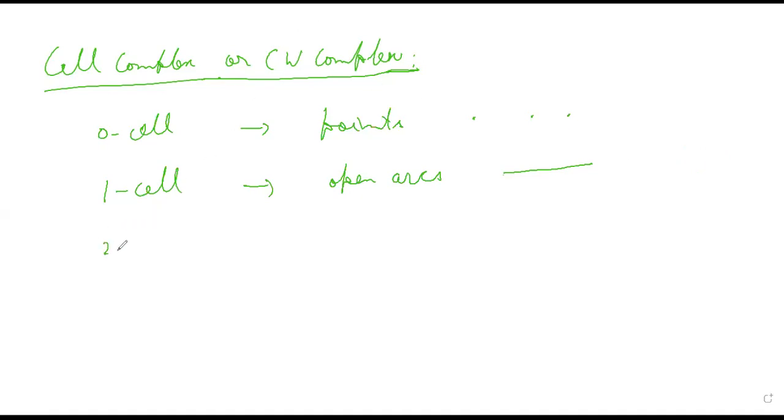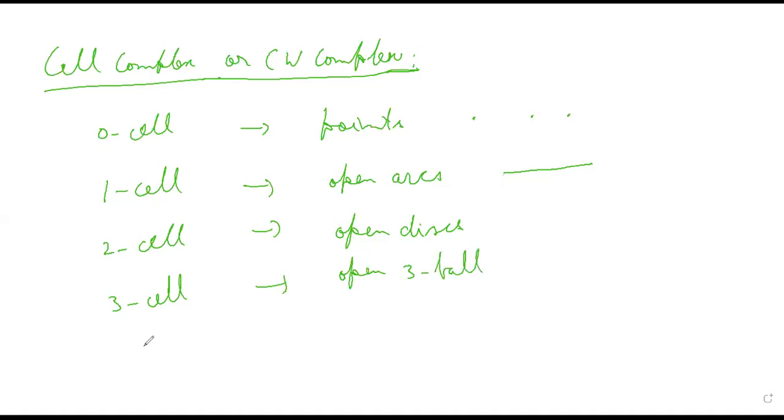Then two cells: this is an open disk. Three cells: open three balls. And similarly, an n cell will be an open n ball.